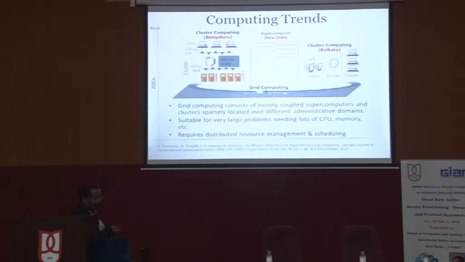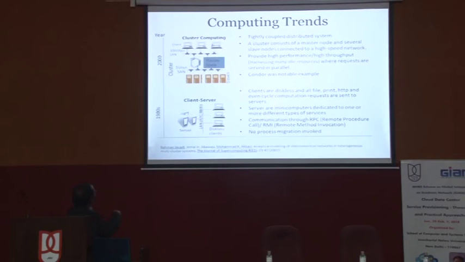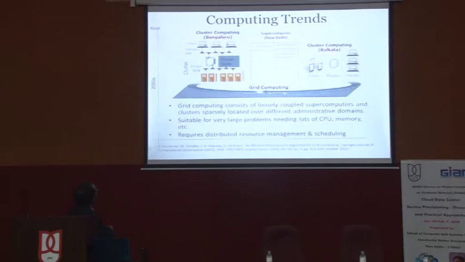I can't remember. I think France built 50,000 or 5,000 nodes. Cluster computing is tightly coupled, and grid computing is loosely coupled. So you can couple clusters and supercomputers, and you can send a request to one of these resources.